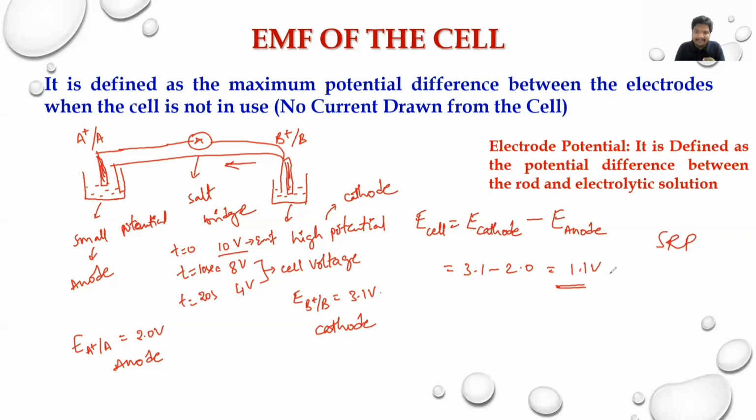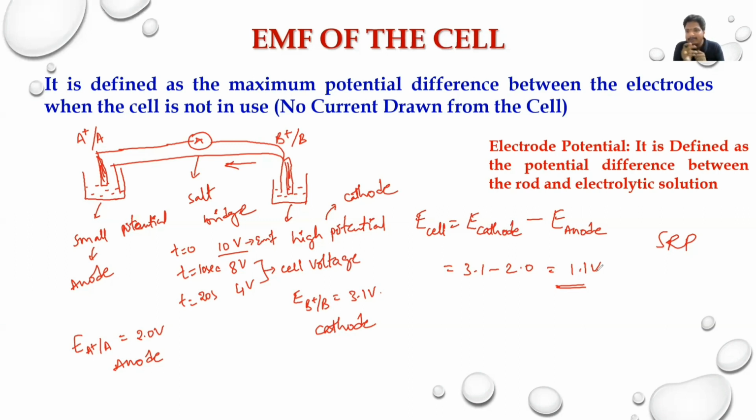Every element has some standard electrode potential, which is listed in the electrochemical series. That electrode potential is measured at the standard state, and we call it the standard reduction potential of that particular element.